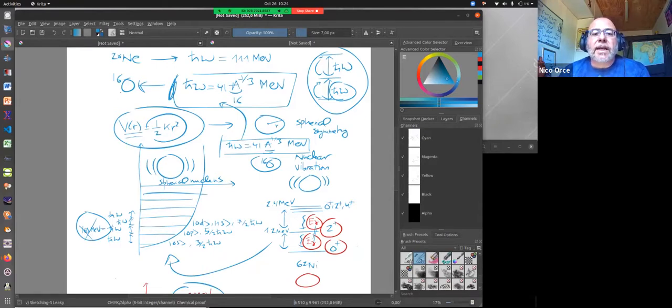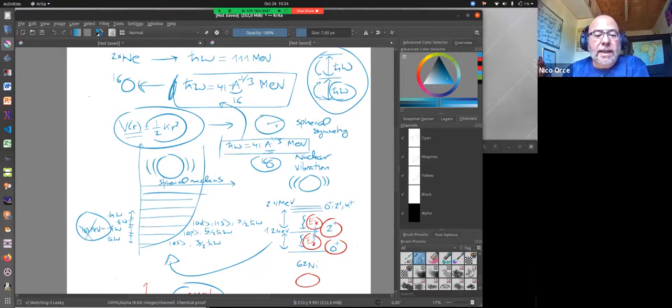So for oxygen 16 it will be, it's good you ask, you know, because as I say, memory is not a good partner, 41 times 16 to the minus 1/3, and that was 16 MeV.